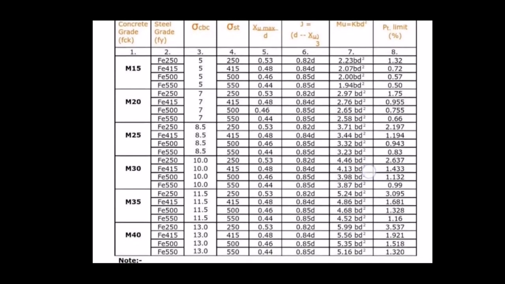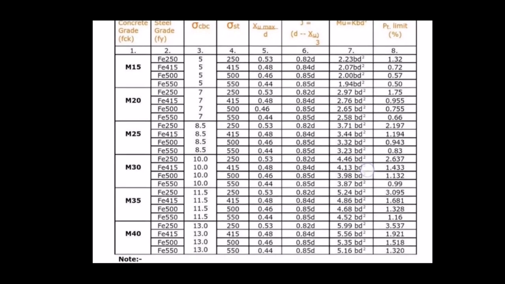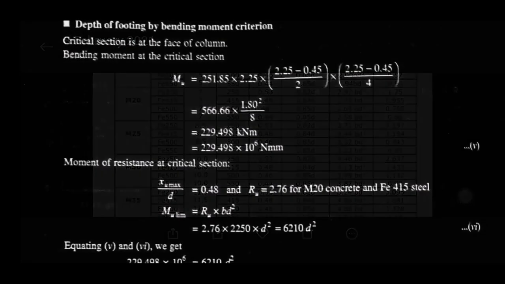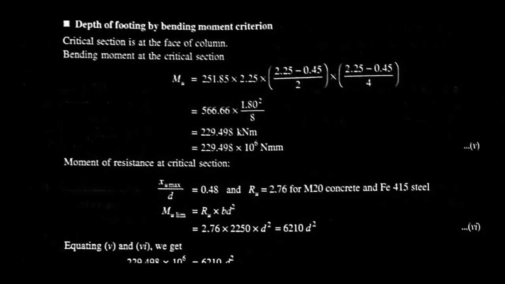So as per the question, you have to remember a few values that will help you, and that is a shortcut to solve the problem. Otherwise you can use directly the equation from Annex G. So you can use that procedure also. So as you see, the value of Ru is 2.76 for M20 grade of concrete and Fe 415 steel.